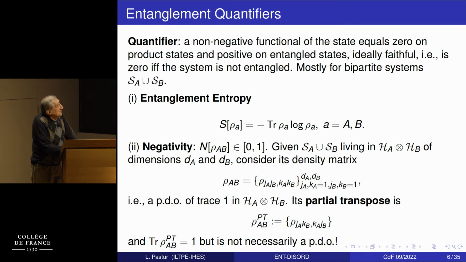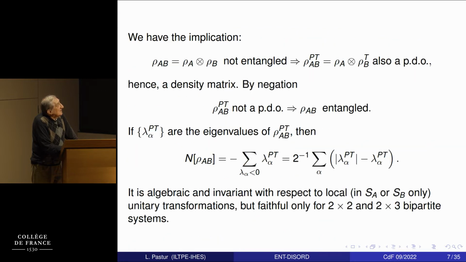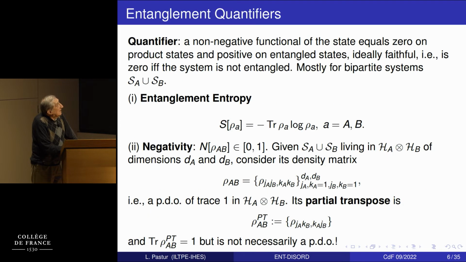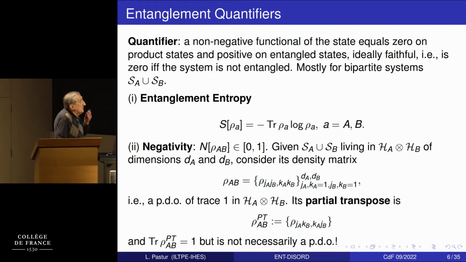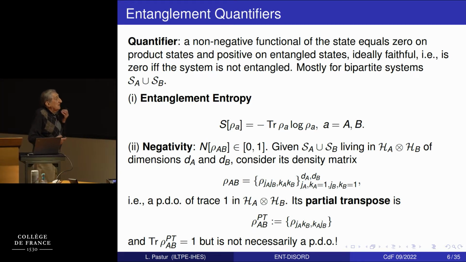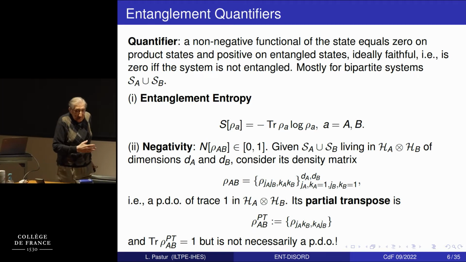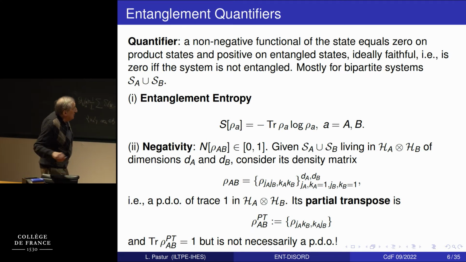So entanglement entropy we have also already seen. It is just a reminder. Now we are coming to the important thing. As I said, I am just justifying what I am going to do.